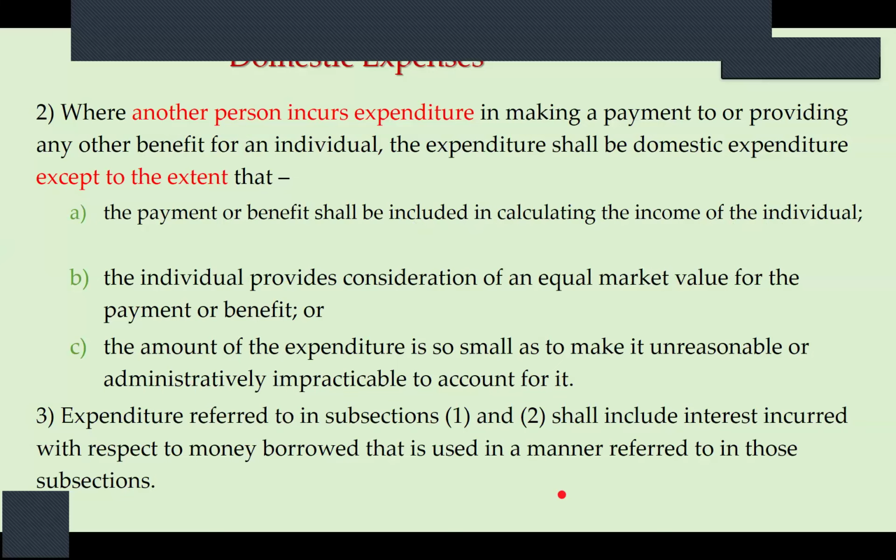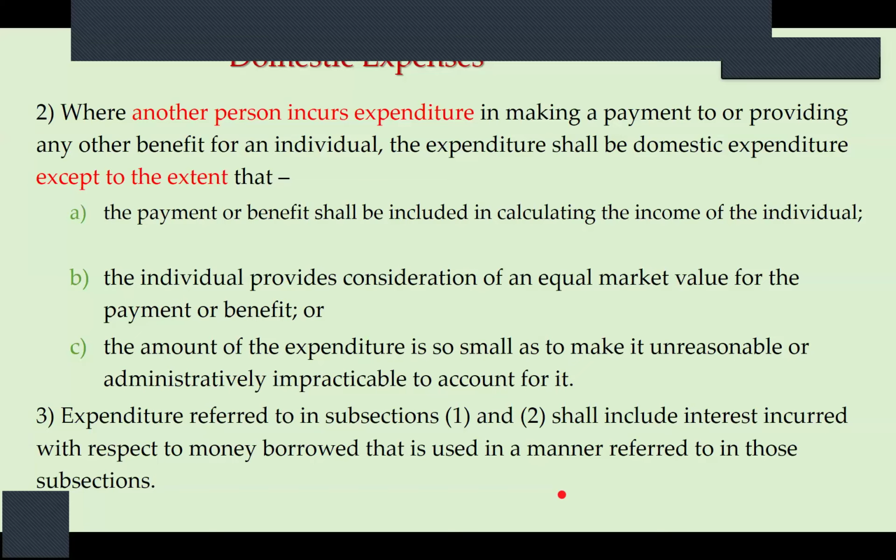So if the employer makes some payment to that individual, to the employee, and if that employee included that amount when calculating that individual's income tax, then the employer can deduct that expenditure. Otherwise, he cannot deduct that expenditure. Then we consider that expenditure as a domestic expenditure.